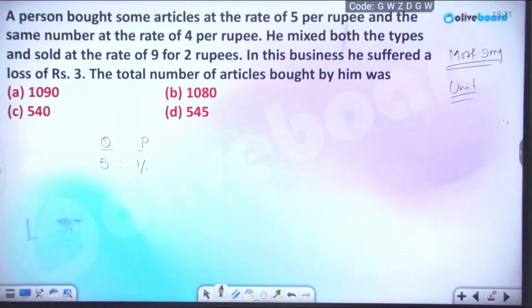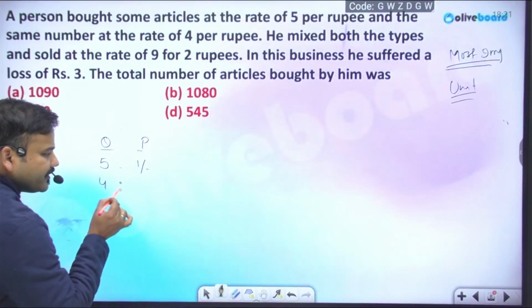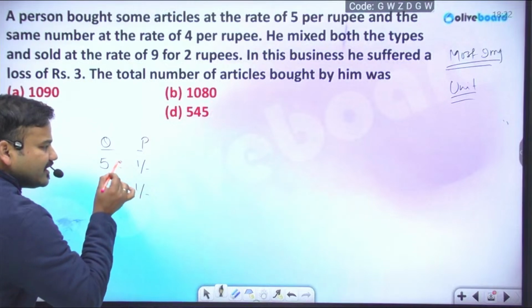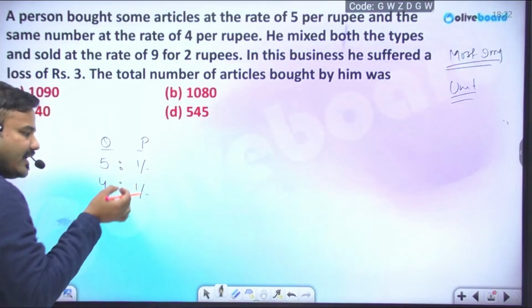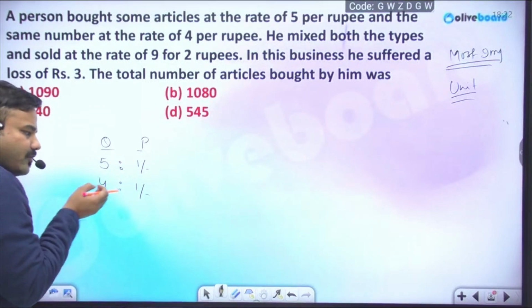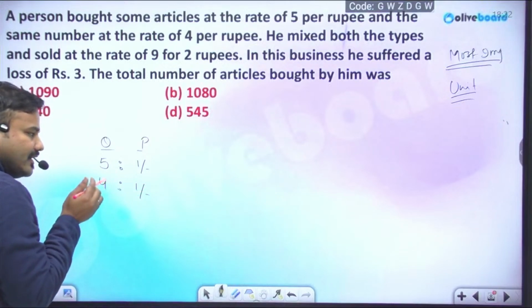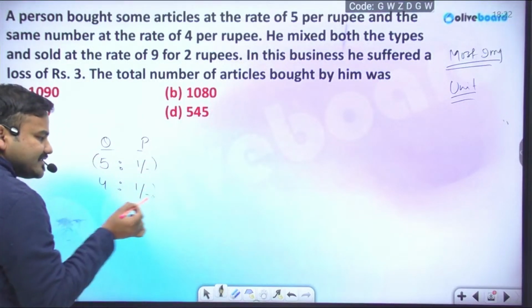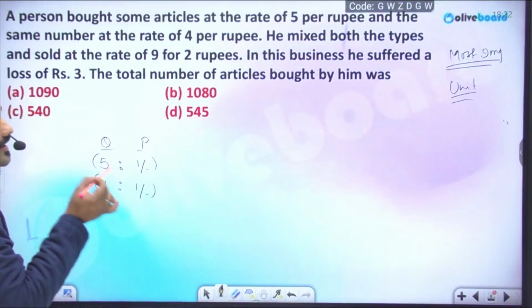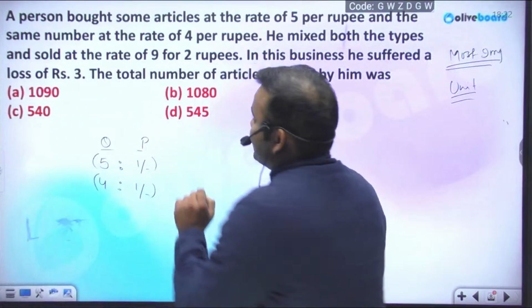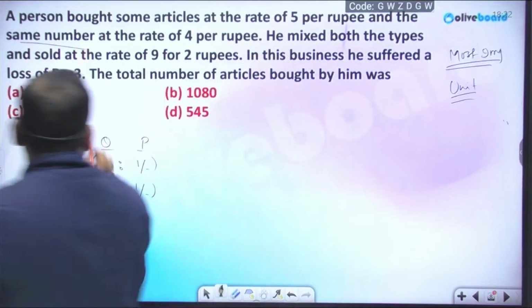And the same number of articles at 4 per rupee. At rupee 1 he is purchasing 5 articles from one of the shops, and the equal number at 4, and this is the rate. The rates are same but the quantities are not same, but here the question has clearly mentioned he has bought the same number, so make these numbers equal.